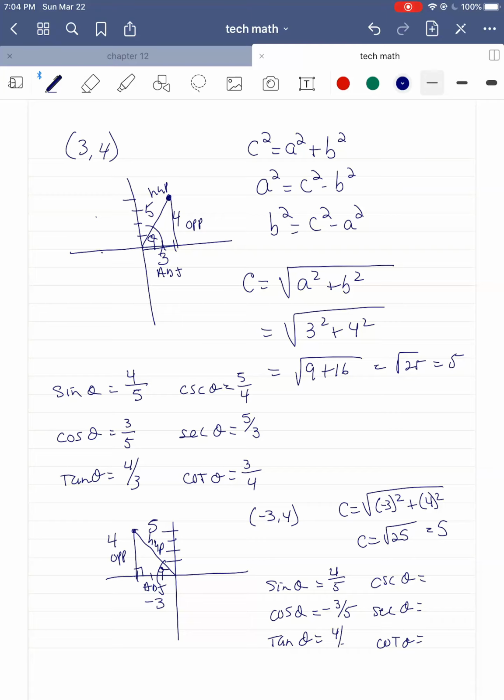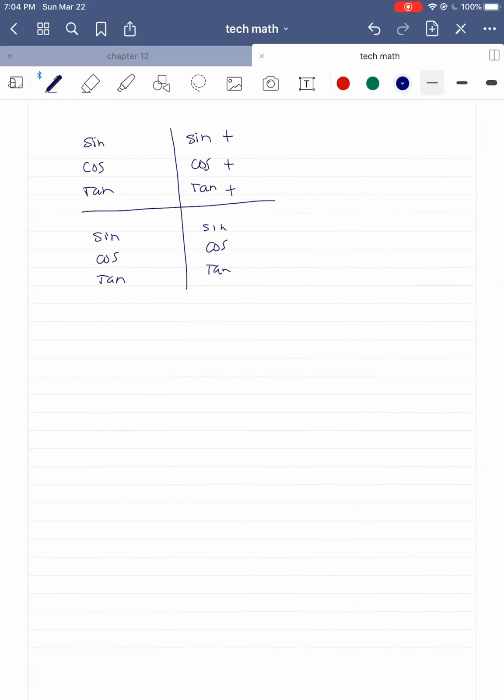Tangent is opposite over adjacent, so it's 4 over negative 3. And for the other trig functions, cosecant is going to be 5 over 4. Secant is minus 5 over 3, and cotangent is minus 3 over 4. So in quadrant 2, sine is positive, cosine is negative, and tangent is negative.